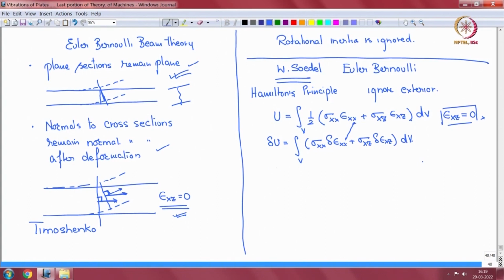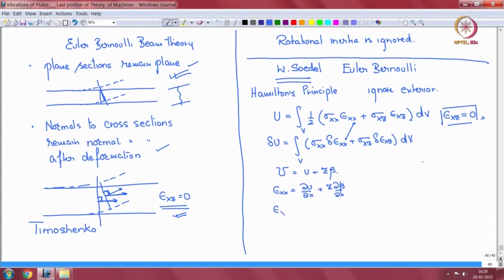Then if my total axial displacement is this mid-plane displacement plus z beta, then my epsilon xx is given by del u by del x plus z del beta by del x. Okay.